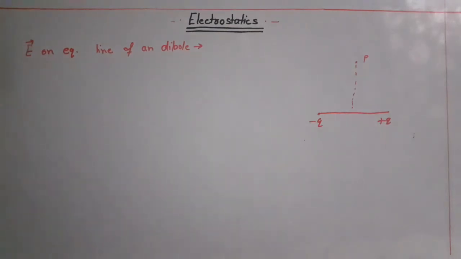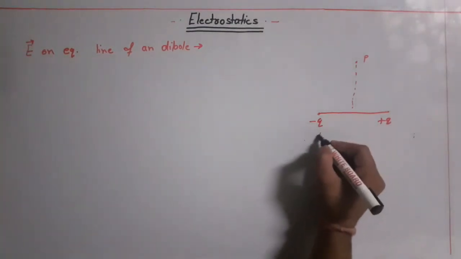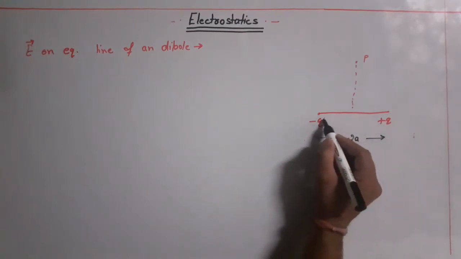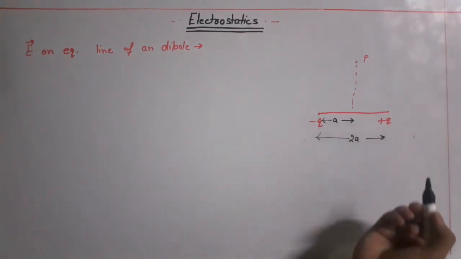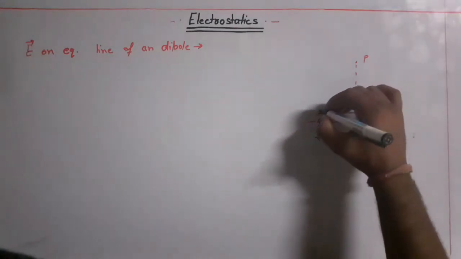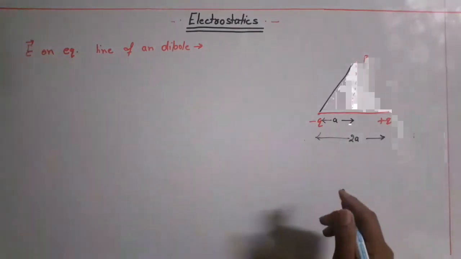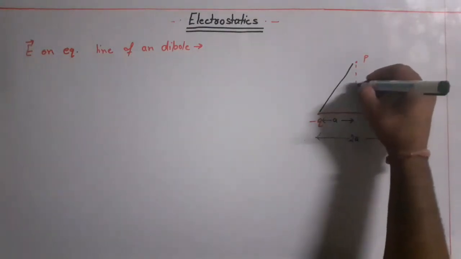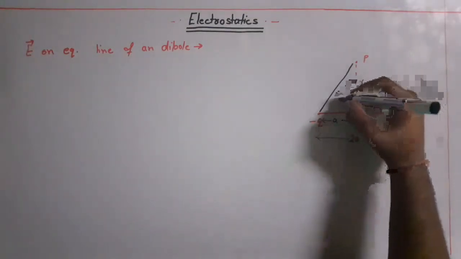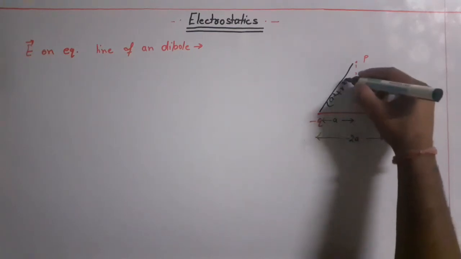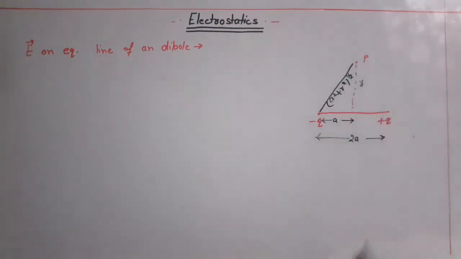So what are the distances? This whole distance is 2a, so this distance will be a, obviously. Next, the distance from minus q to our point P test charge, if this one is r, will be (a square plus r square) raised to power 1 by 2 using Pythagoras theorem.